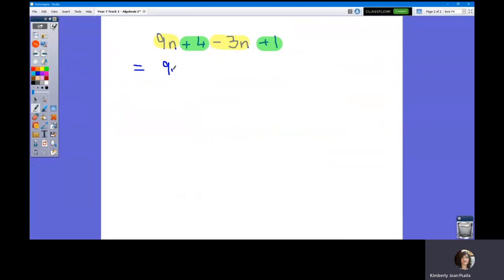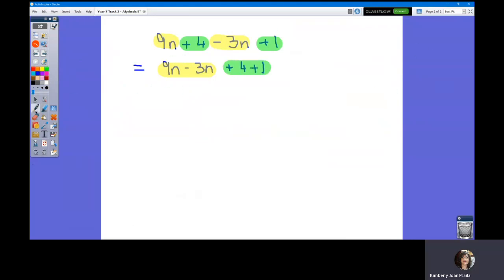So I have 9n minus 3n. And then I have plus 4 plus 1. Okay, so what did I do here? I have just collected the like terms together. I brought these two together and these two together.